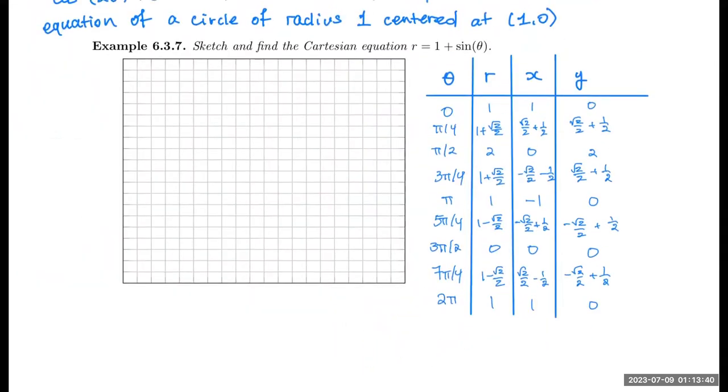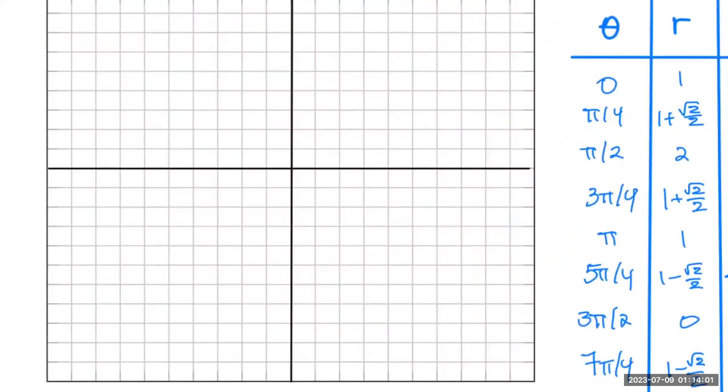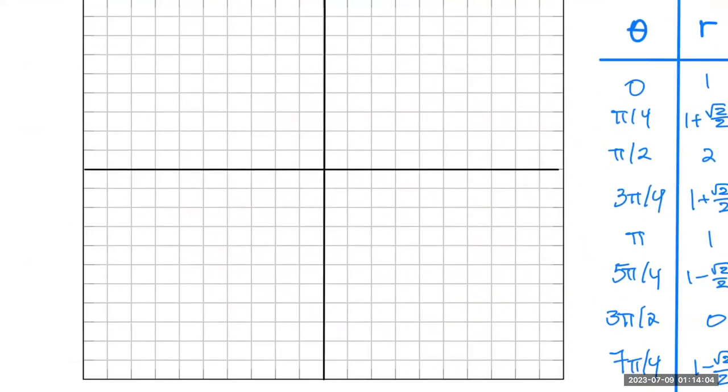So if we try to plot this on the graph, let's see what we can get. So this is the x-axis, this is the y-axis. Let's say this is 1, this is 2, negative 1, negative 2, and then 1, 2.